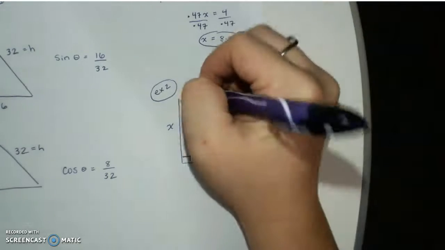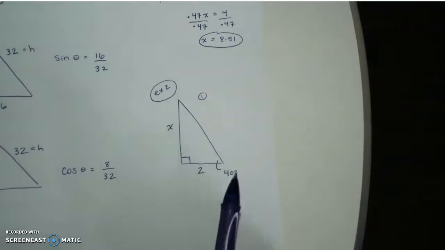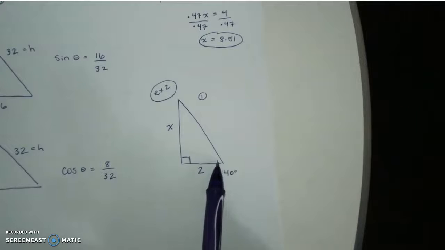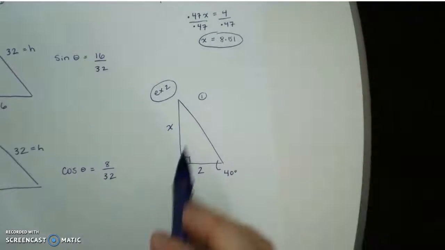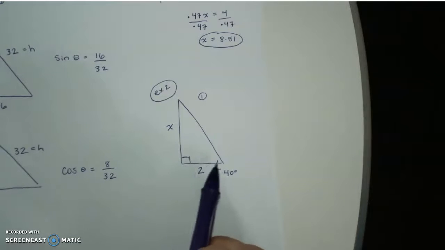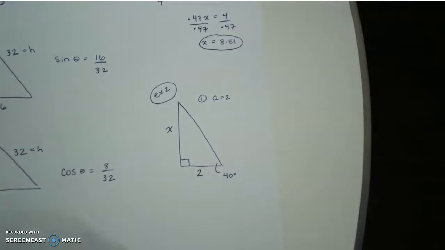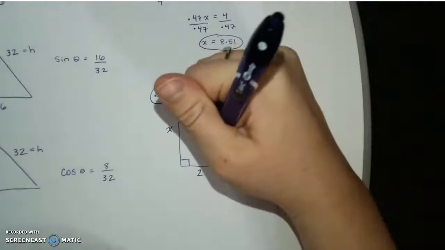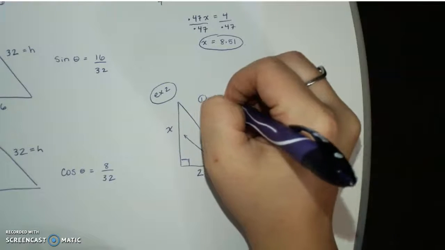So first step, let's figure out what sides we have here. So if this angle is 40, I don't have my hypotenuse, it's not labeled at all. I do have my adjacent, it's the side right next to my angle. So I can say that my adjacent is 2. And I do have my opposite. My side opposite my angle is the one that we're trying to find.